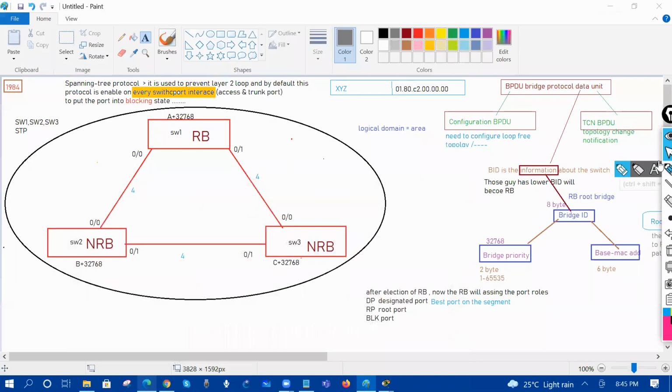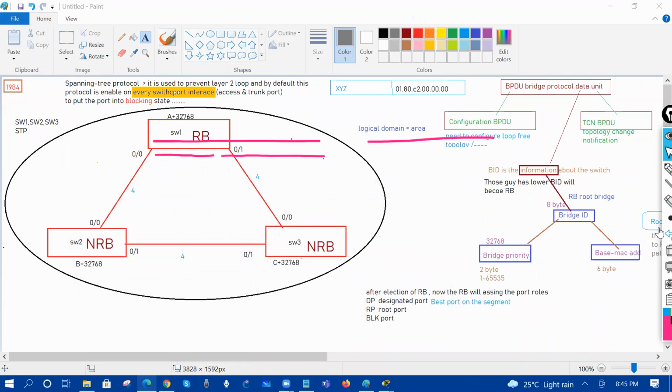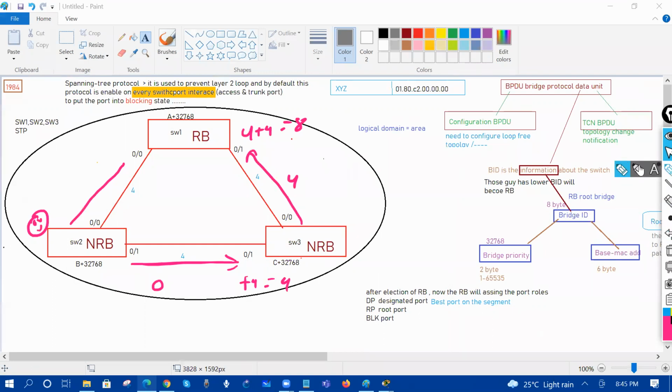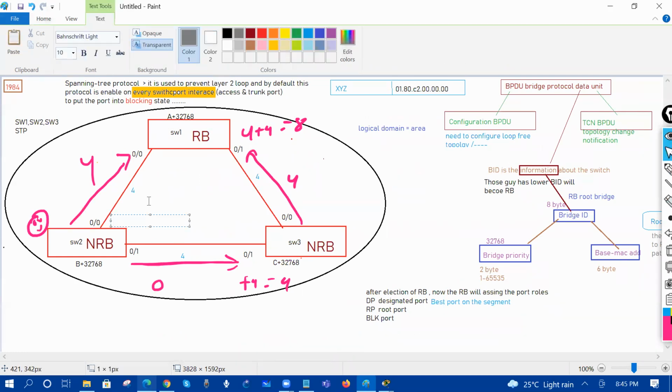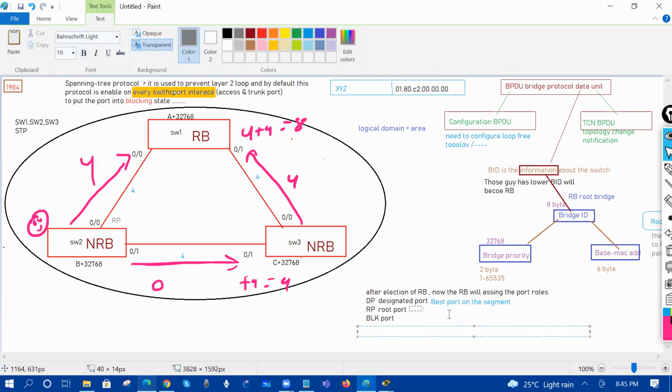From this side, what I told you is that if I go this way, what is the cost? 4 and 4, 8 over there. So this port will become the RP. And you will have only one root port, the lower cost to reach the root bridge.